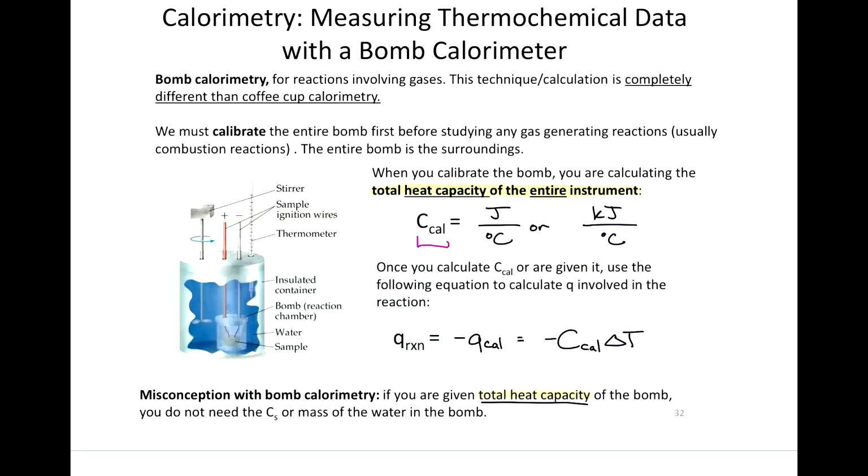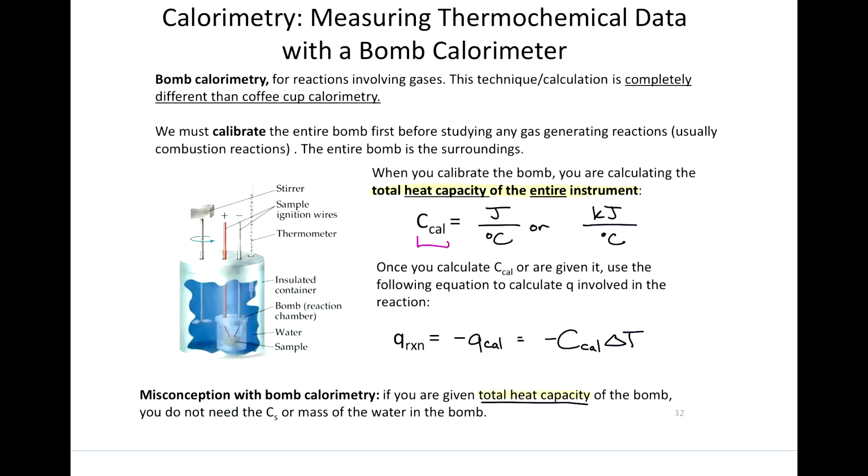So when we're calculating the Q of our reaction, it's just like before. Negative heat lost is always gained by something else. So any energy released by our reaction is always gained by the calorimeter. Our calorimeter is not going to do Q equals MCAT. Instead, we're going to use Q equals C-cal times delta T, where C-cal is the heat capacity of your calorimeter, which I just talked about, and delta T is the temperature change of your calorimeter.